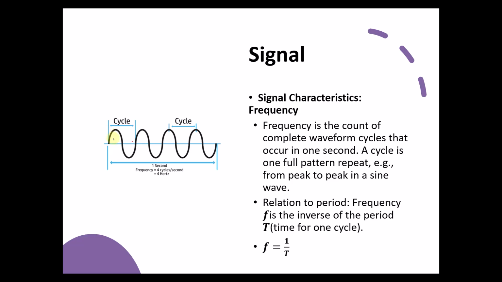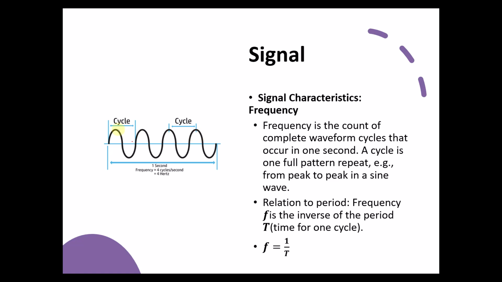This is a signal, and from here, as you are seeing from the mouse, to this place is one complete cycle. From here to here is another complete cycle, and then from here to here is also another complete cycle, and then we move along, and the time is from 0 to 1 second.